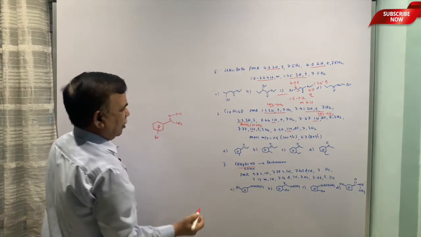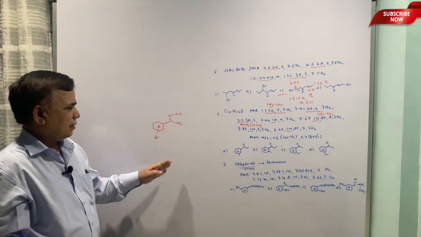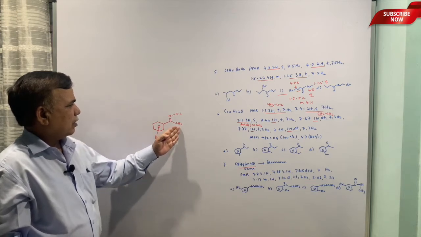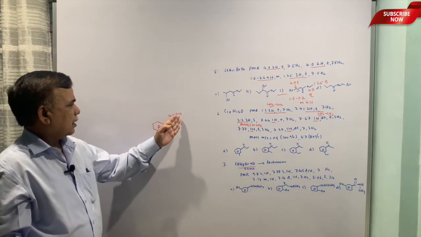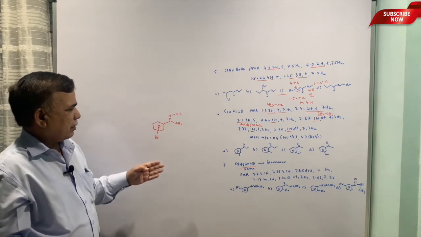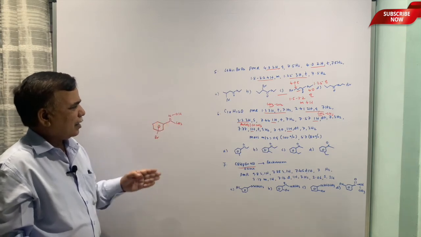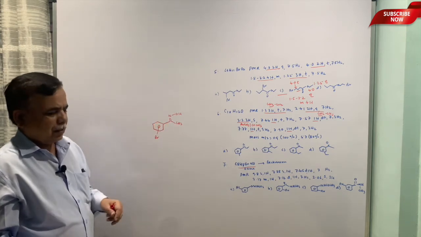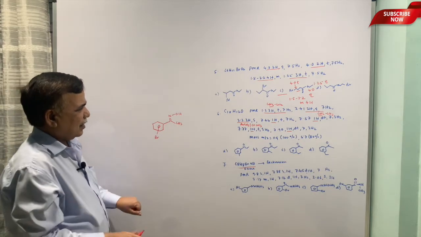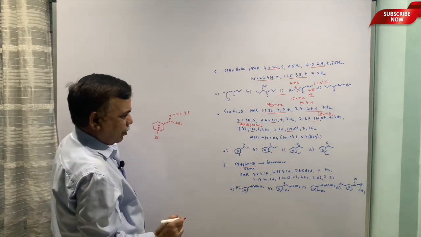pertaining to this molecular formula, C8, H8, with Br, N and O. The position of Br we will find out. 9.8 is this OH proton.